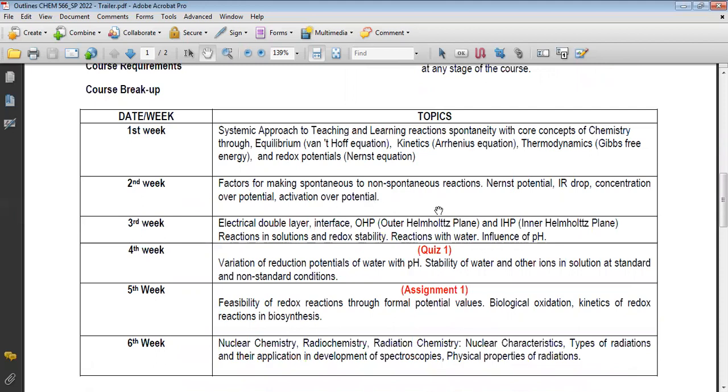Further, we will work on how to convert spontaneous to non-spontaneous reactions, and what the different factors influencing those reactions are. Then we will discuss in detail the stability of different ions in water, and particularly the stability of water in the presence of different metal ions.